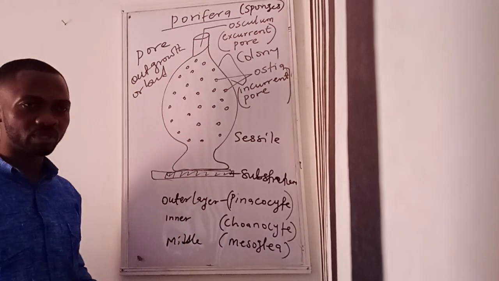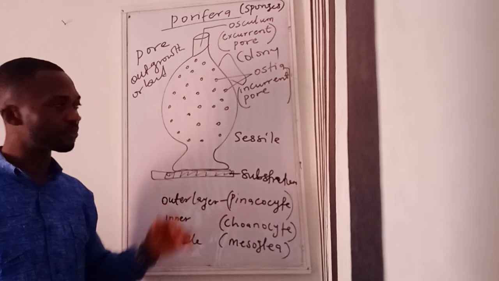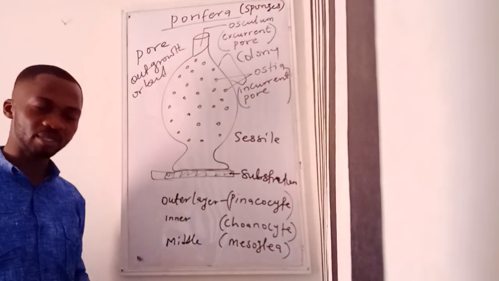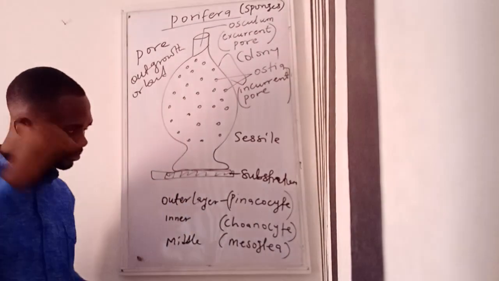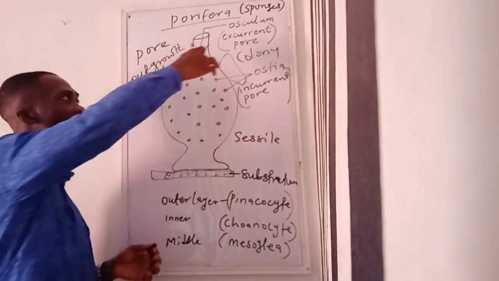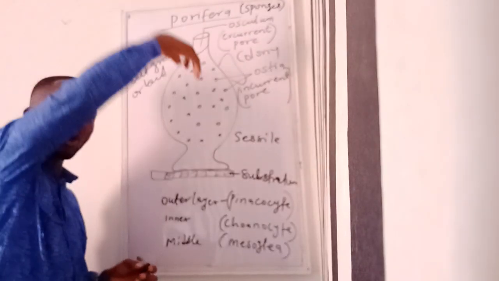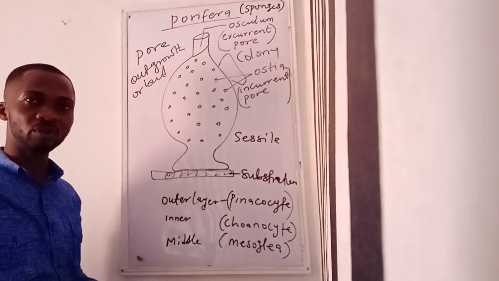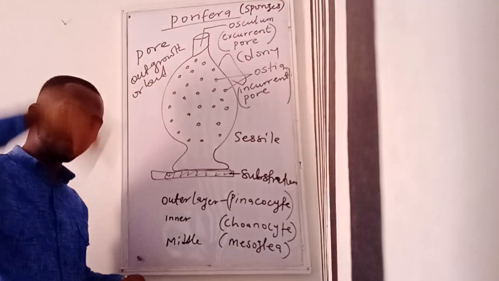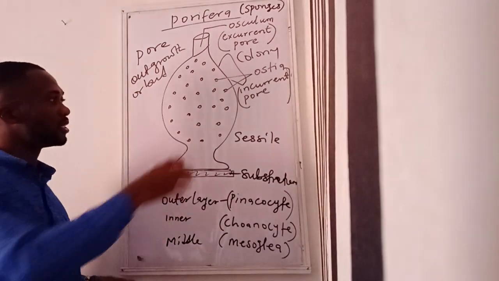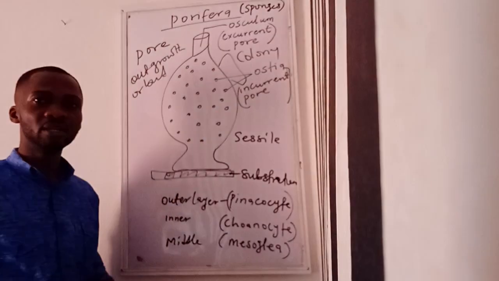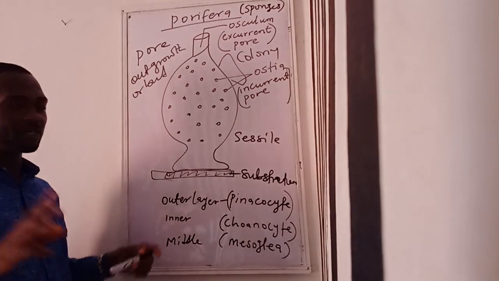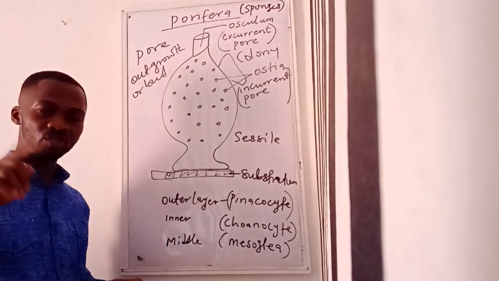Another kind of budding that occurs in this organism is the internal budding. In internal budding, instead of the bud growing on the outermost body of the parent organism, it grows within the organism. This internal budding is not common.